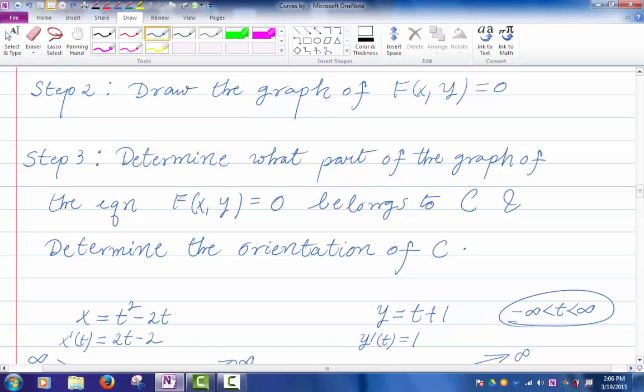Determining the orientation is not hard. It's pretty easy. We just need a little bit of help from Calc 1.